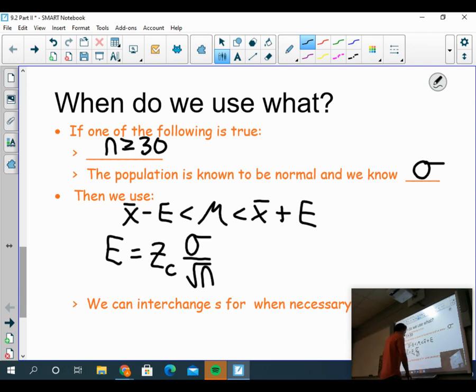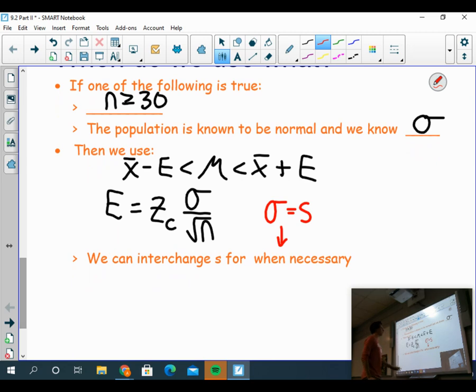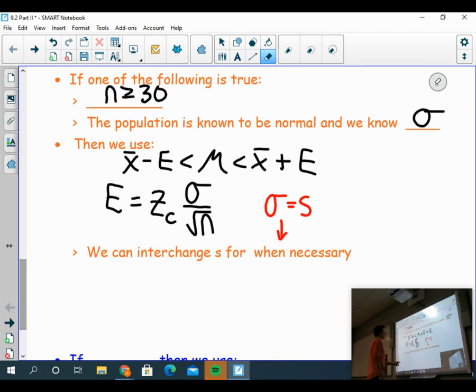We also, in this case, are allowed to substitute s for sigma when necessary because that sample size is large. Granted, that implies that we wouldn't have the population standard deviation. If you do have the population standard deviation, as the second bullet point illustrates, just plug it in.